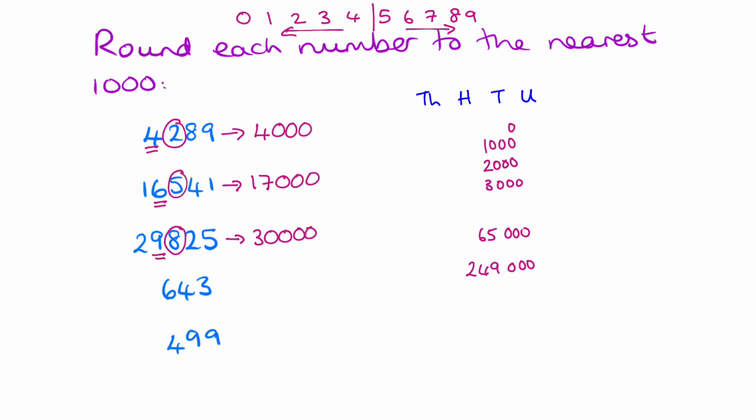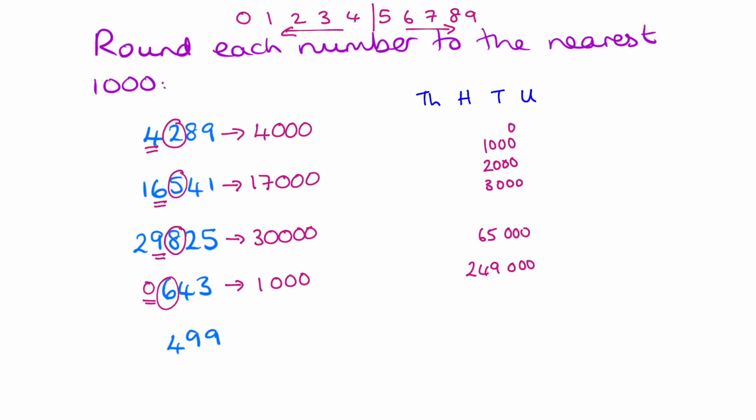Okay. 643, well, we've got no thousands there. So the thousands digit at the moment is 0, but the 6 tells us to move it up 1. So that becomes 1,000. So 643 is in between 0 and 1,000, and it's closer to 1,000.